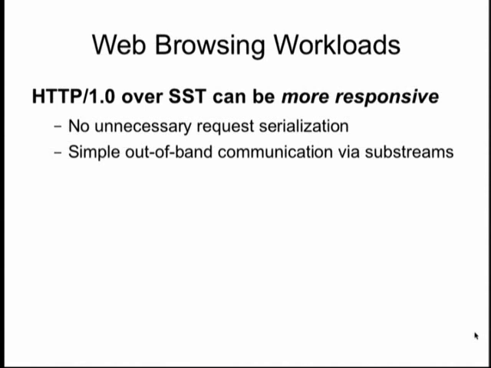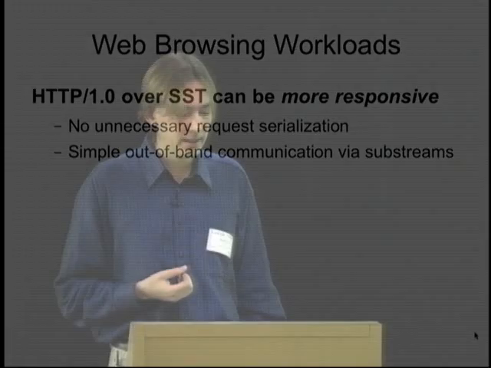This is because SST eliminates the unnecessary serialization that TCP imposes, and by allowing the application to create ephemeral substreams, it provides a very convenient and simple out-of-band communication method for applications.